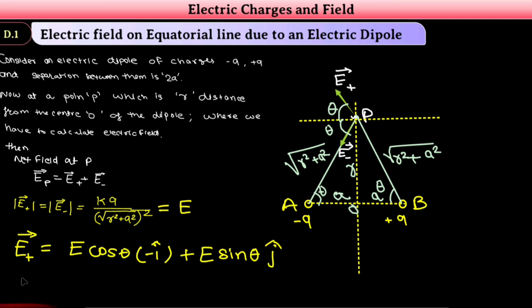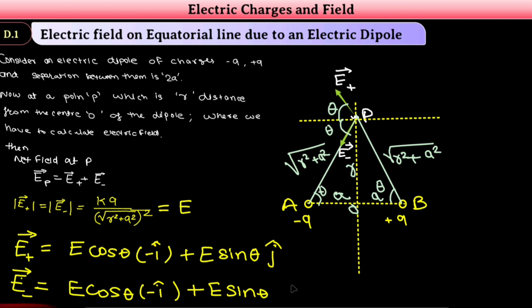Now if we resolve the electric field vector E minus, then it will be equal to E cos theta minus i cap plus E sin theta minus j cap.